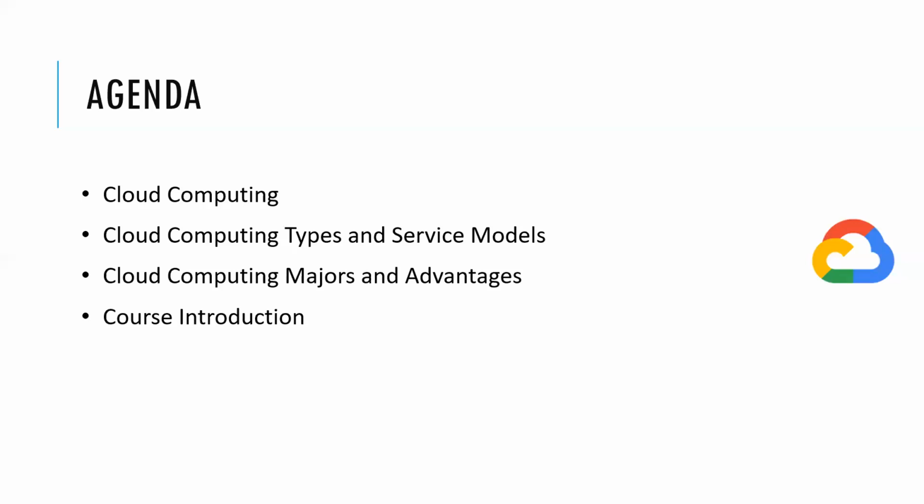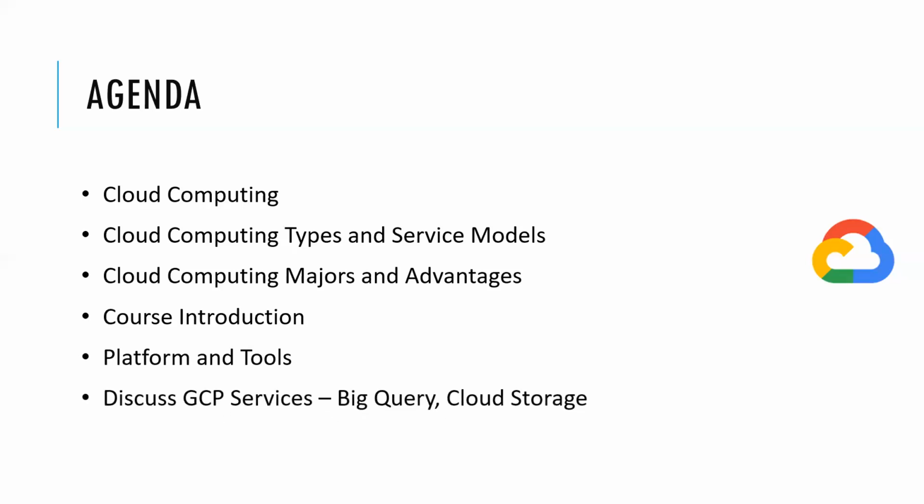Also, I'll give a course introduction around how this course is designed and how we are going through this course. Platforms and tools that we might need as part of this course is the next point. And we can discuss at least a few example services like BigQuery, which is the data warehouse from Google Cloud Platform, and Cloud Storage. And also have a look at the GCP console.